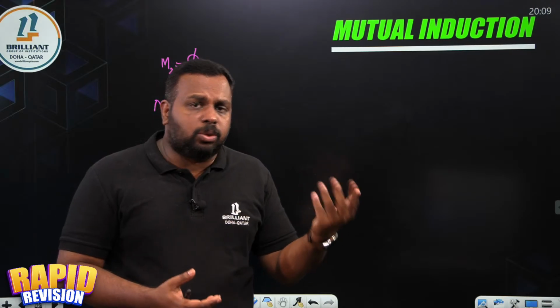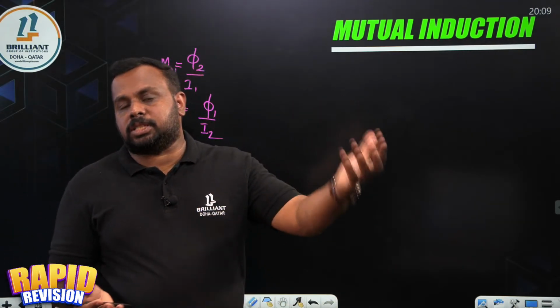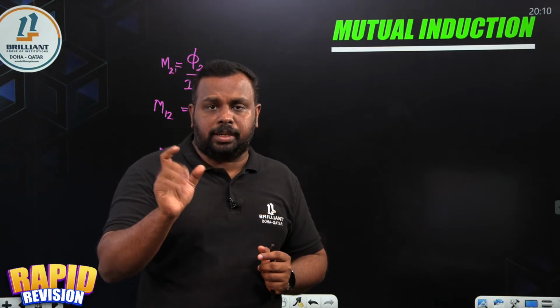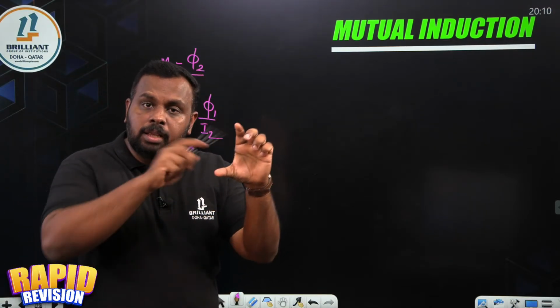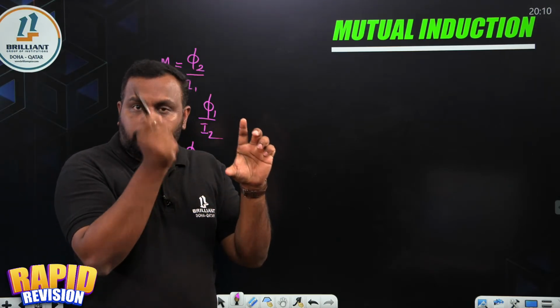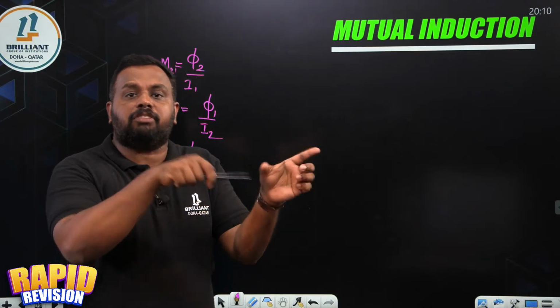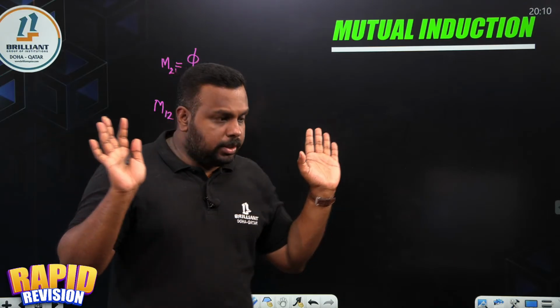So many different questions are there to derive expression for mutual inductance of one coil with respect to another coil. Those questions also you have to practice. Idea is easy. First you have to take current in one coil, it will produce some magnetic field in the other coil, find the flux of that coil, and then take phi by I. We know the formula for M is phi by I. Okay, I think it's clear now.